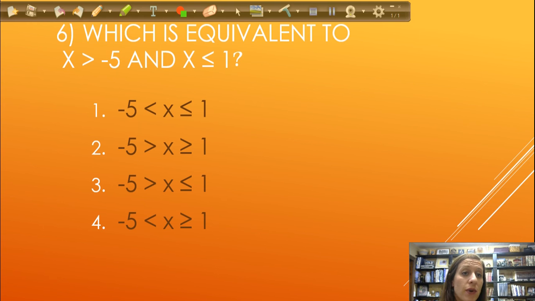Which is equivalent to x is greater than -5 and x is less than or equal to 1. Hopefully you have picked option 1.